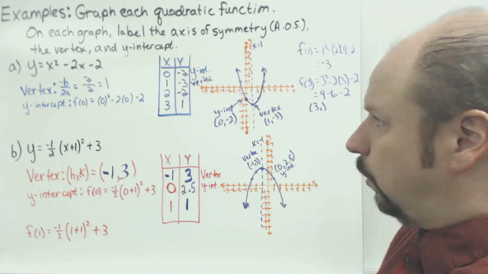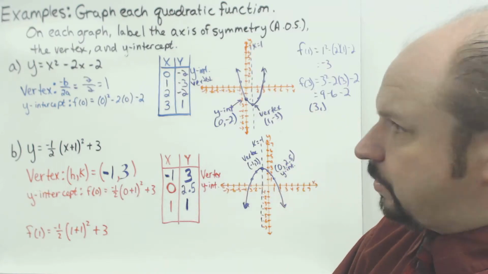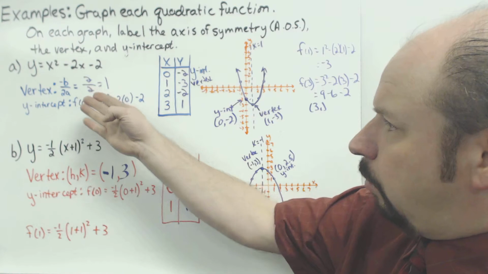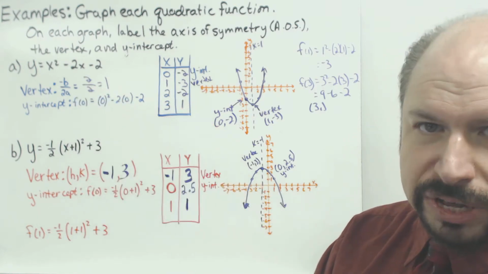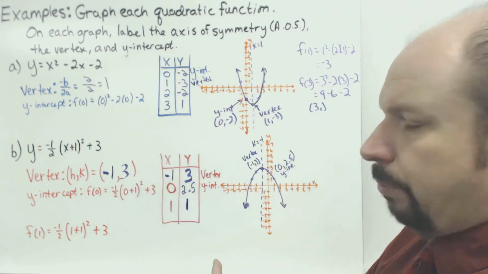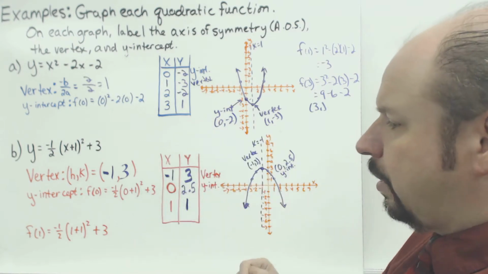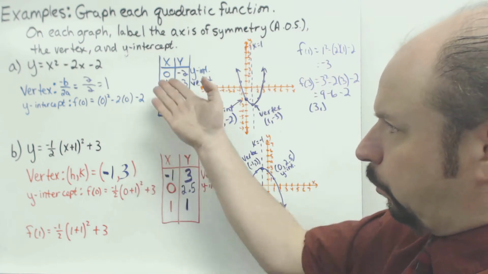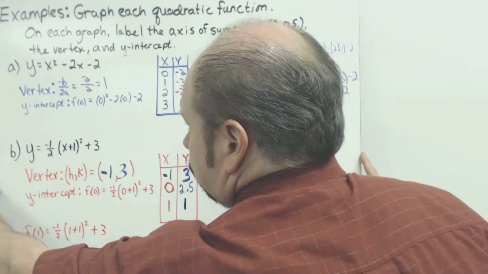Okay, so we're done with that one. So as you can see, it's really easy to find some points on our graph. We found our vertex, we found our y-intercept, we plugged in one other value to be able to find it. That gives us about 5 points for our graph, plenty of points to graph. And we were able to do that for both of these particular forms of our equation.